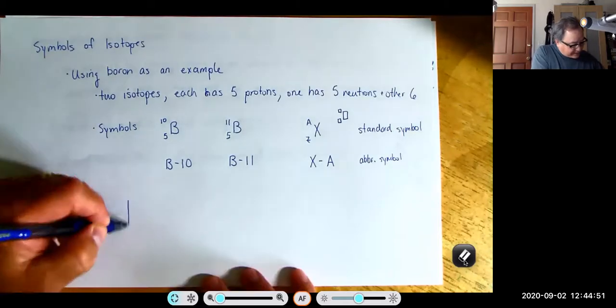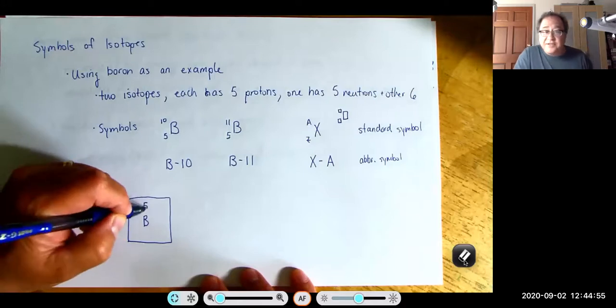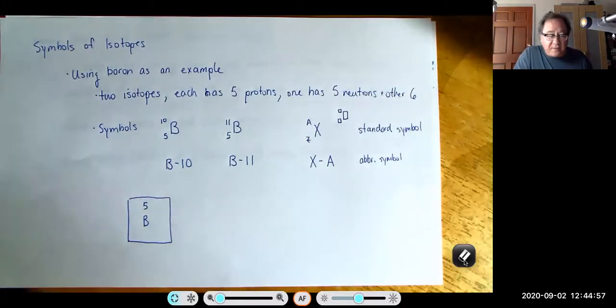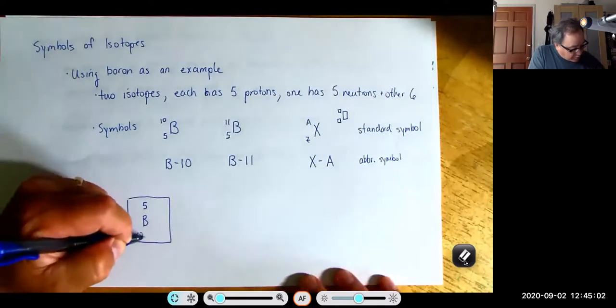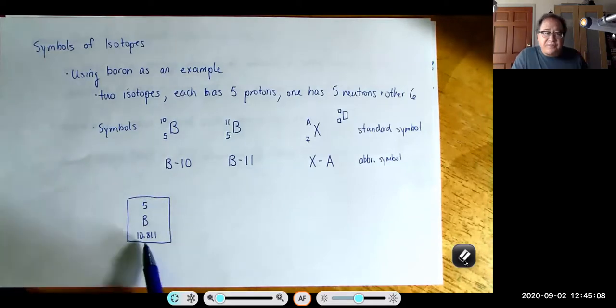So here is the symbol of boron, and it's got a 5 at the top. That's the atomic number, the number of protons in the nucleus, and it's got a 10.811 in the bottom. So looking at that, that is your average mass of a boron atom, if you take into consideration that it's not necessarily 50-50%.